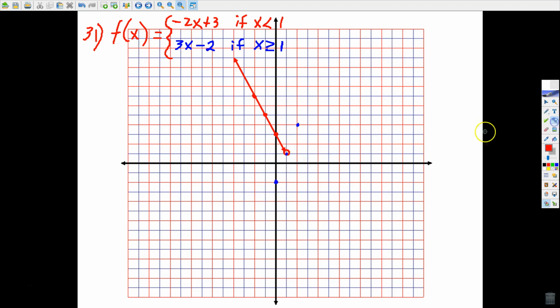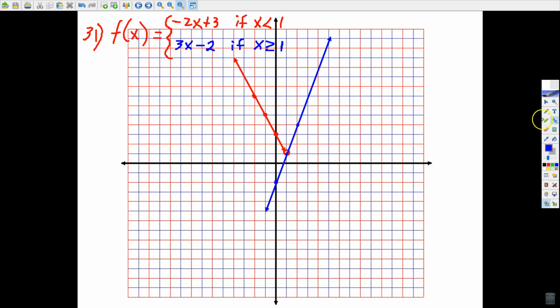Okay, and I'm going to do the same thing again, and then I'm not saying you'll have to do this every time. Once you've done this a few times, you will not have to do what I'm doing. Some people in the beginning like to just go ahead and draw the whole line and then just erase the part that they don't need. Okay, so what the blue says is let's draw this line, but let's only show it for x values that are greater than or equal to 1.